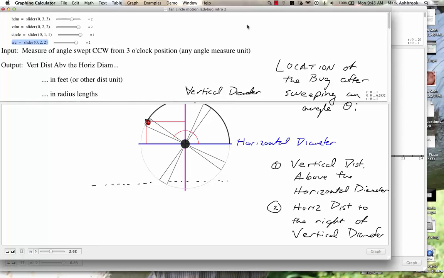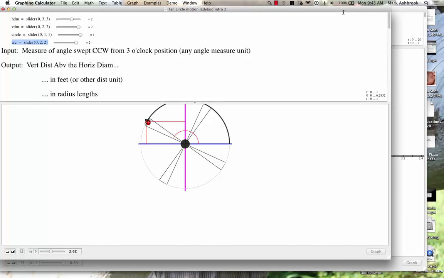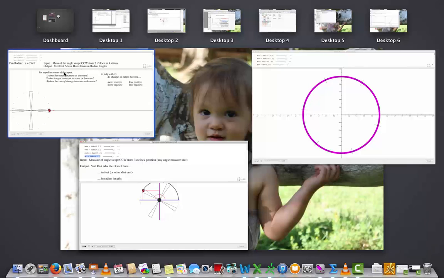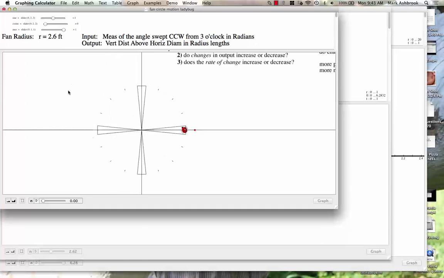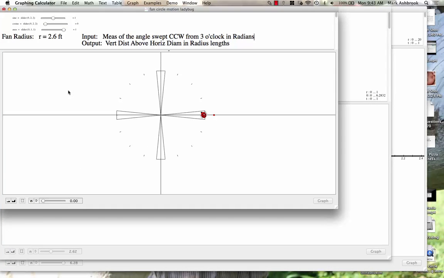Okay, so let's talk about this function right here. We want to use our covariational reasoning to figure out what this function would be like. Who remembers our approach to reasoning about how two quantities change together? What do we do first? For small incremental changes in the input, we look at the change in the output.